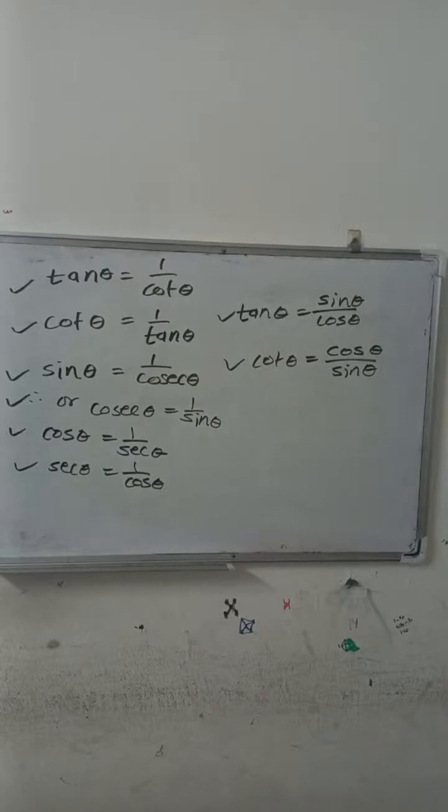Sin is related with cosec, and cosec is related with sin, and then sec is related with cos, and vice versa. So tan is nothing but a ratio of sin by cos. Okay, everyone has copied.